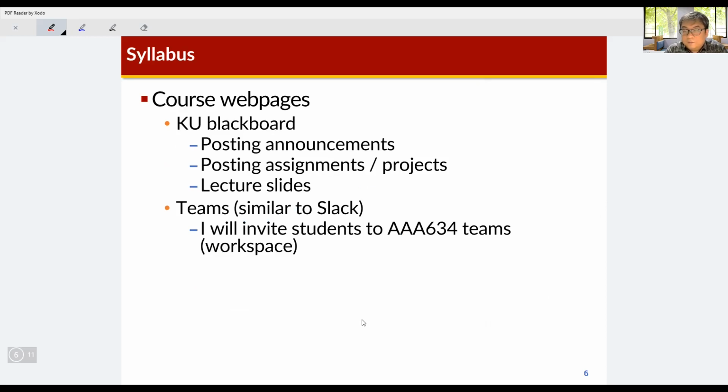Okay, for the course management tool, I will use the Korea University Blackboard. Actually, every class is managed by this Korea University Blackboard. In the Blackboard, I will post the announcements for this course, and I will post the assignments or projects.